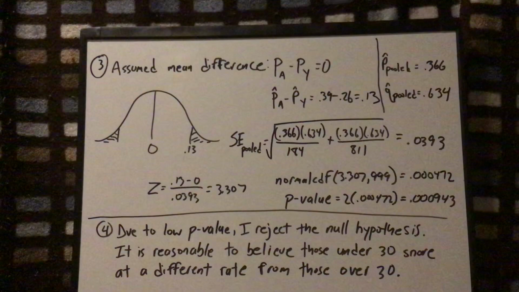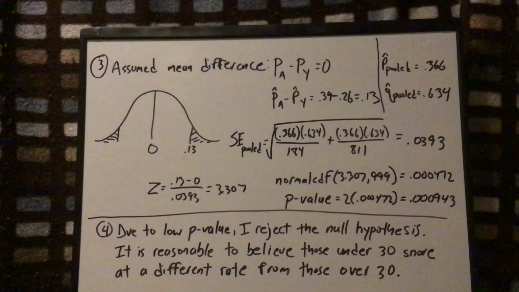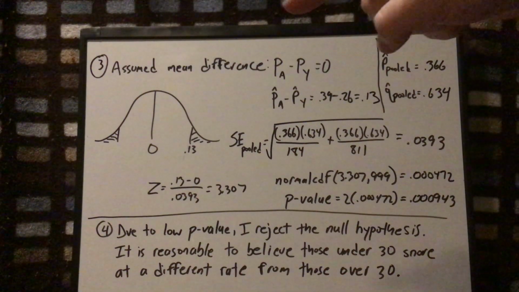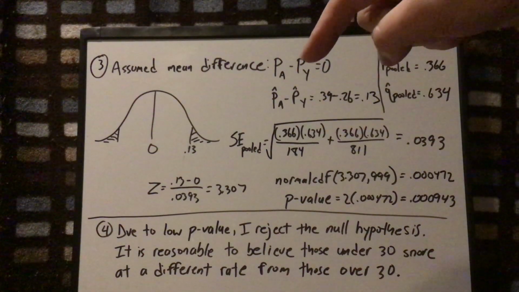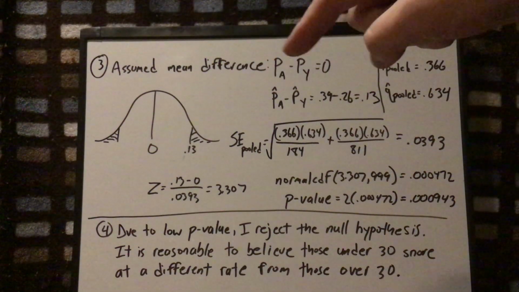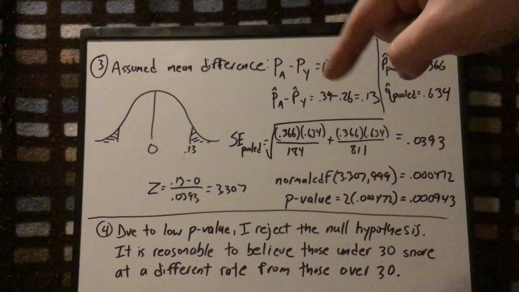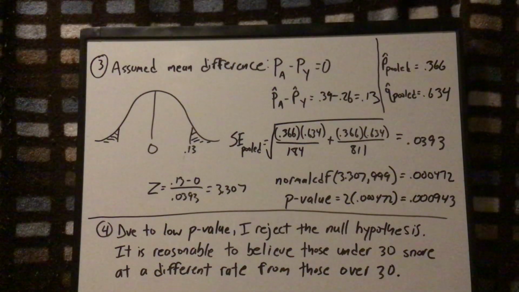So remember what that means is, since it's so unlikely to get that, it's so unlikely that this would happen under the null hypothesis, it's probably the case that this null hypothesis isn't true. So once I have the low p-value, I can now make my decision. 4 is my conclusion. So remember that you have to decide whether you're going to reject or not reject. So I put, due to low p-value, I'm going to reject the null hypothesis.